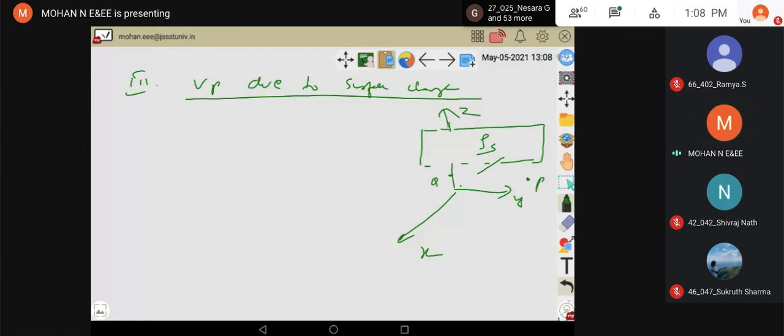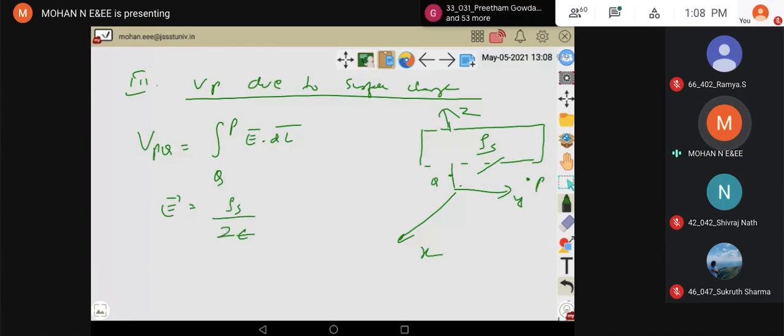And last class we have also seen that VPQ is equal to a line integral from Q to P of E vector dot dl vector. And this is E vector for a surface charge. We already know that it is rho s by 2 epsilon naught into ax cap here.